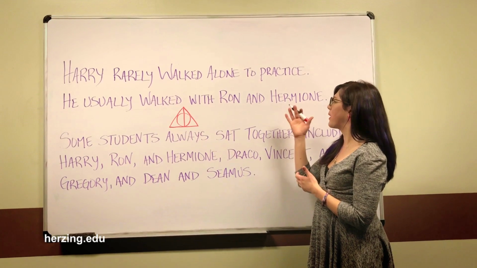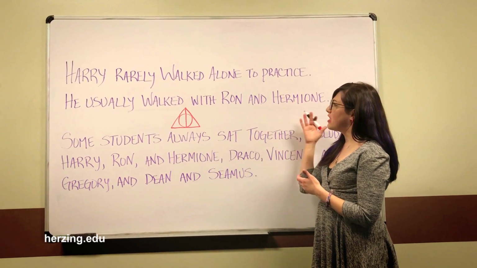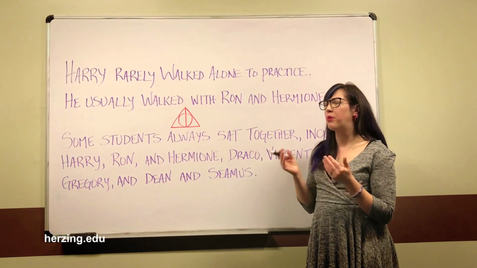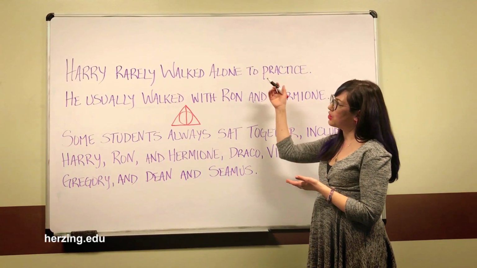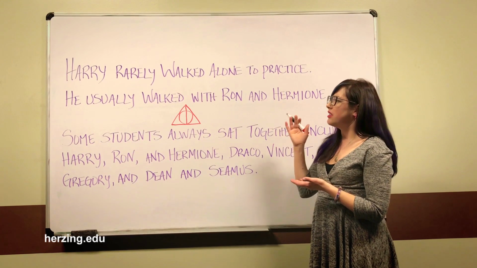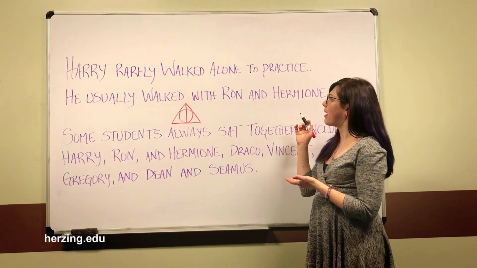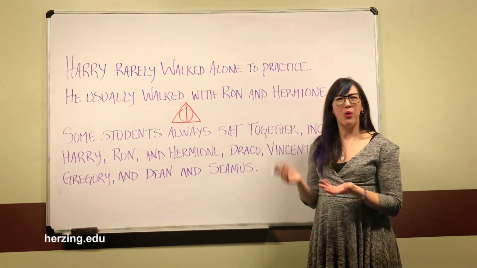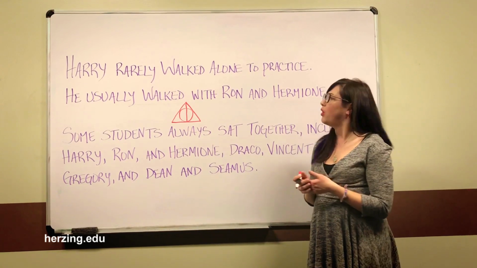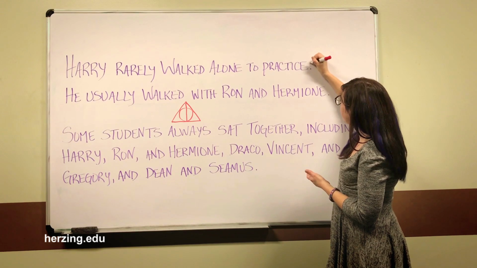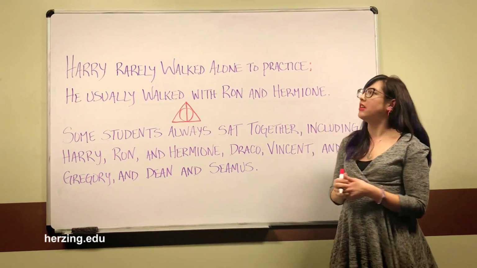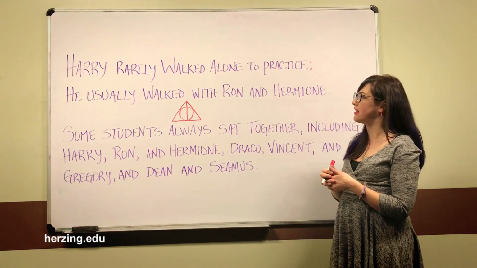And the second thing that's going on here is, by making these two complete sentences, we're not really showing how they're related. Is this second sentence directly connected to the first one? Does Harry usually walk with Ron and Hermione to practice? Or does he usually walk with them everywhere? We can't really tell. If we take this period and we turn it into a semicolon, we now have one complete sentence.